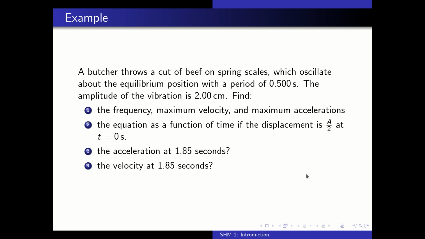The position equation, that x of t is equal to A cosine omega t, and find the acceleration and velocity each at 1.85 seconds. Go ahead and try that out. Pause the video now and resume it if you get stuck, or if you get done and you want to try checking your answers.